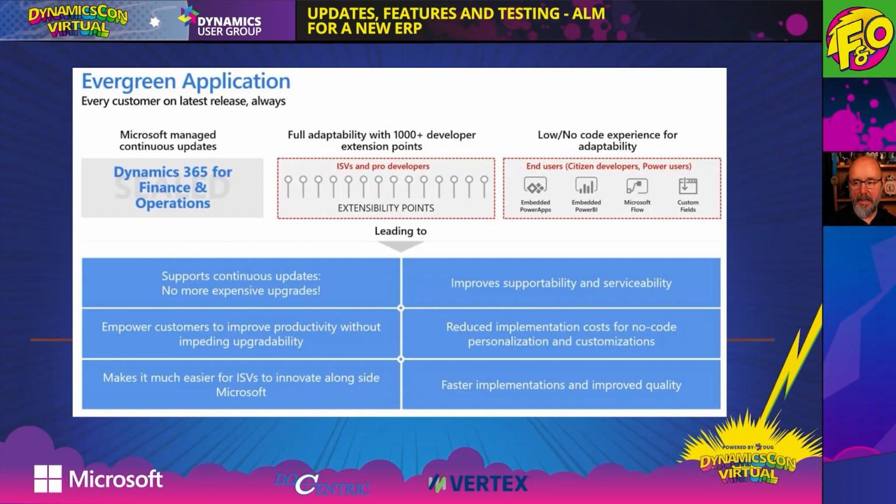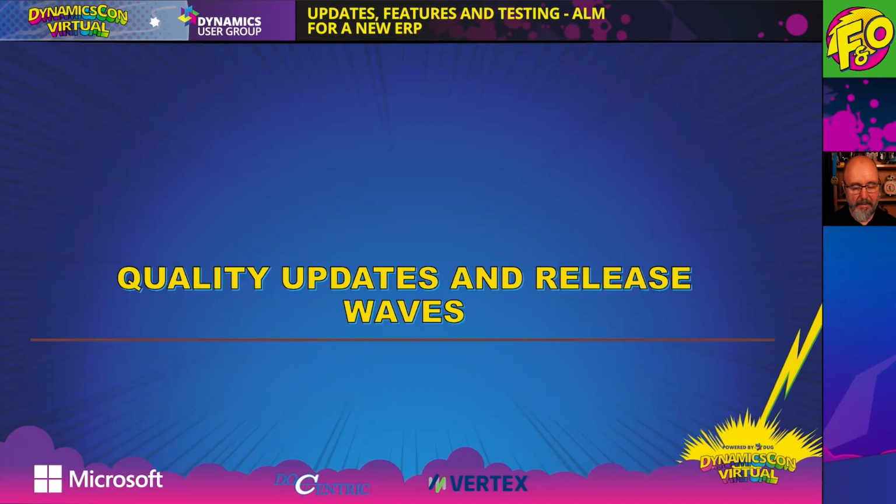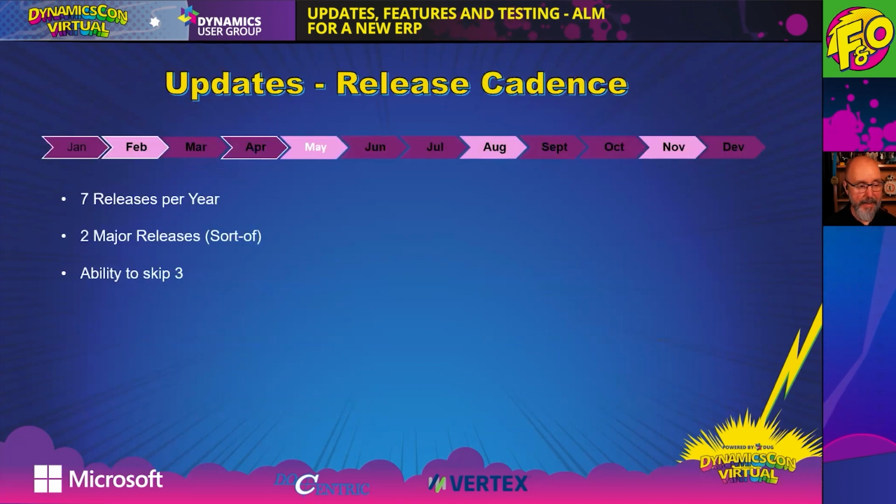So let's have a look at the updates. Microsoft is currently releasing 7 updates a year. Two of those are actually major releases, sort of. And I say sort of because they release a feature set at 2 separate times over the year, but it's not sure that those releases will actually end up in the product right away.